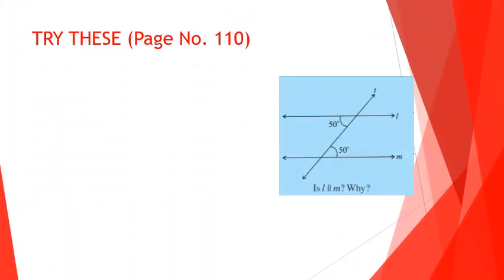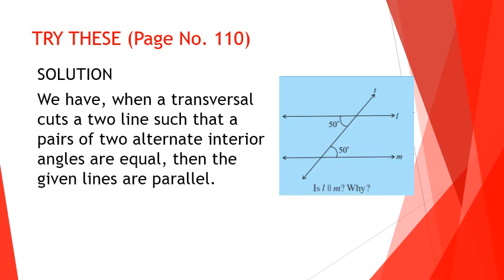Next, we can go with the Try These questions on page number 110. Look at the figure given here. We have to check whether the given lines are parallel or not, with a reason. The given lines are l and m, and t is a transversal. That is, t intersects the lines l and m.